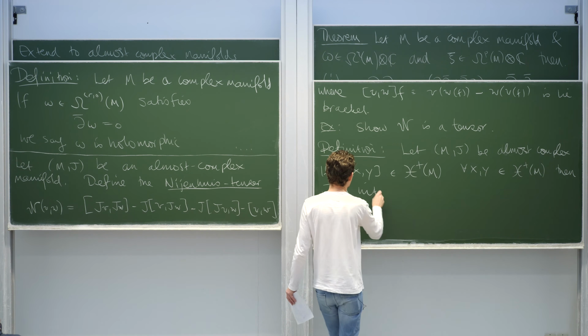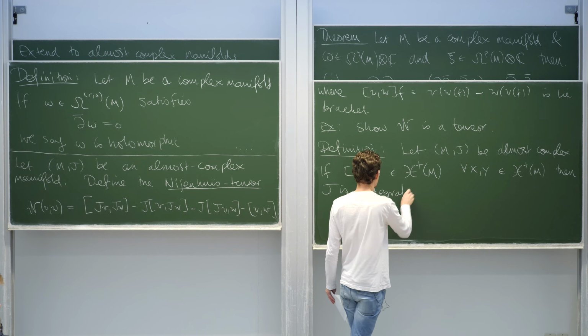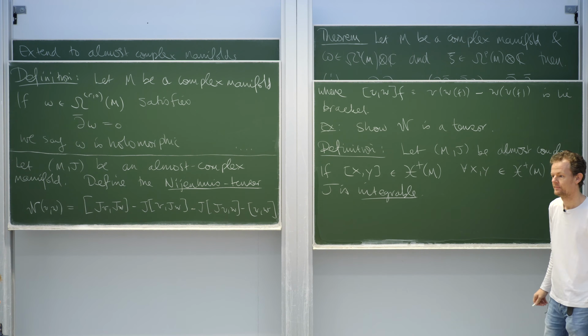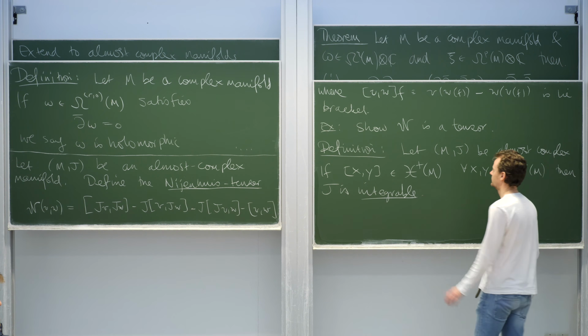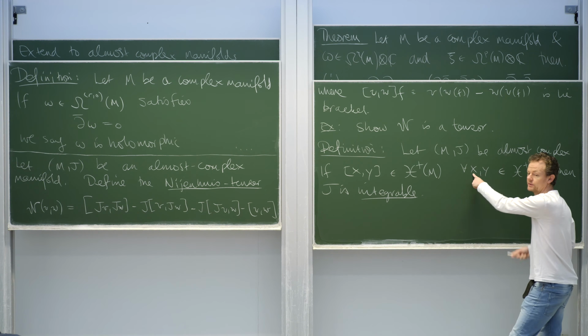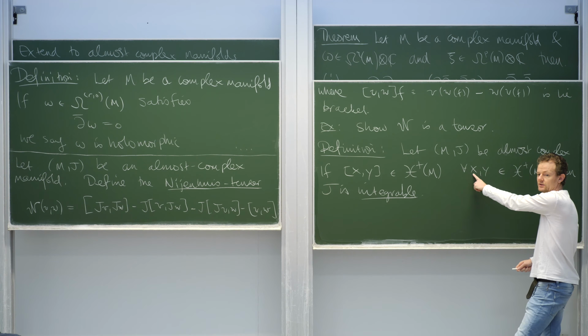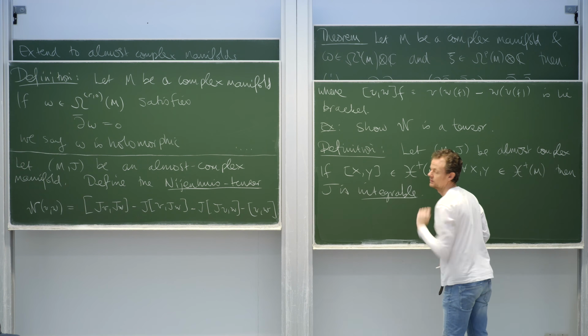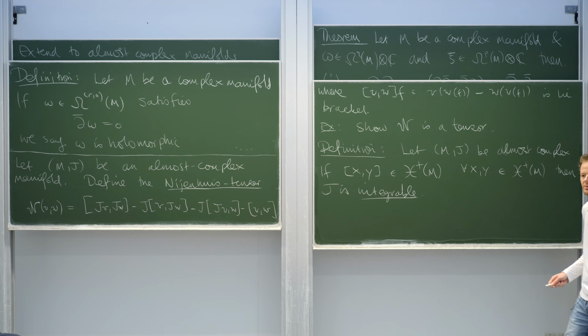And that's actually the notion of integrability here. If you start flowing in the direction of a holomorphic vector field, and then you flow in another direction, then that's still the same as flowing in the direction of a holomorphic vector field.